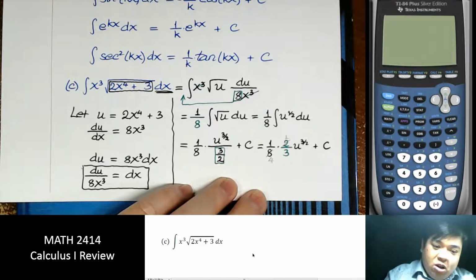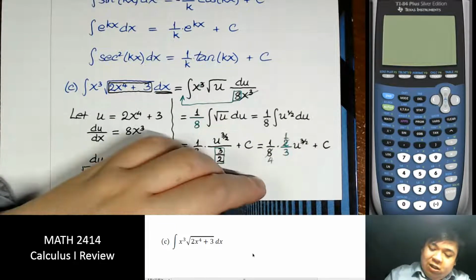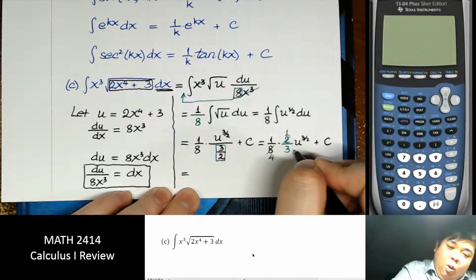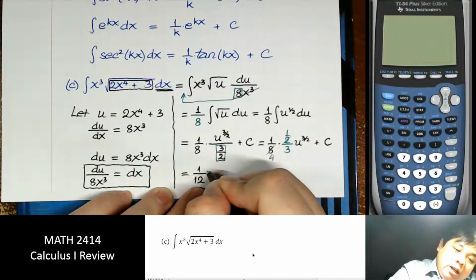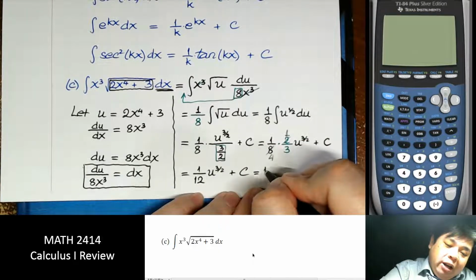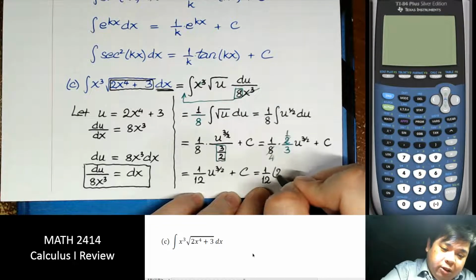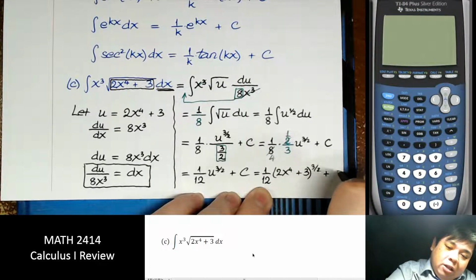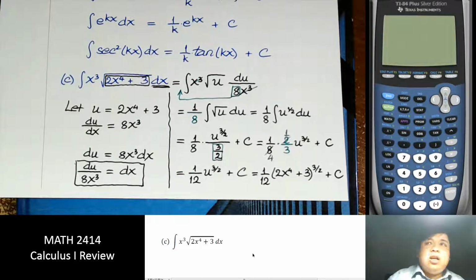Sorry, the pencil is not very easy to see. So we have 1 on top, 4 times 3 at the bottom, so that is 12. And then u to the 3/2 plus c. So we have 1 over 12 times u to the 3/2, and u is 2x to the 4th plus 3, so 2x to the 4th plus 3 to the 3/2 plus c. So that is the standard substitution problem.